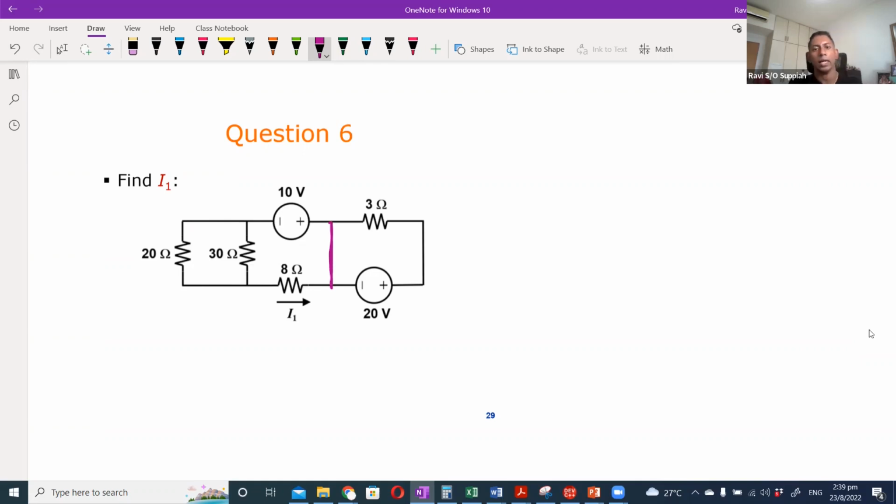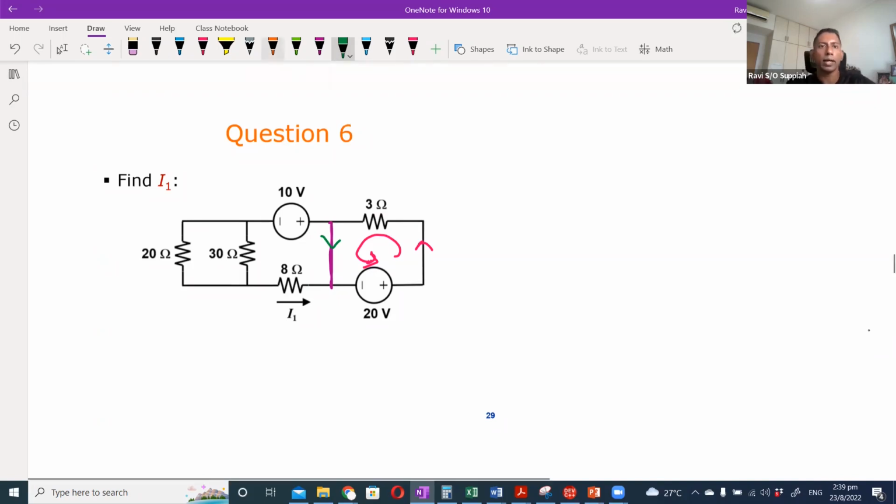That means whatever current flows in this branch will only be an effect of this 20 volt and this 3 ohm resistor, because if I draw a loop, that is all you see over here.